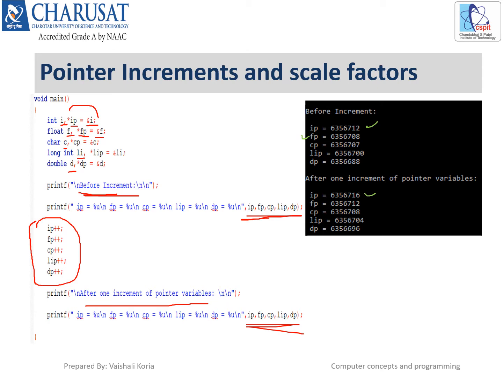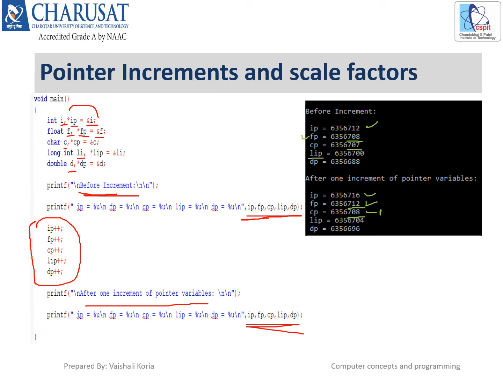Initially it was 708, last 3 digits, and after one increment it is 712, so it is also incremented by 4. Now CP is a pointer variable that is containing the address of the character variable. Initially the value is 707, and after one increment it is 708. That means it is incremented by 1 because the size of the character is 1 byte.